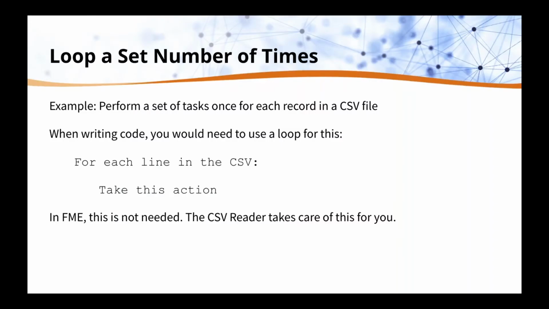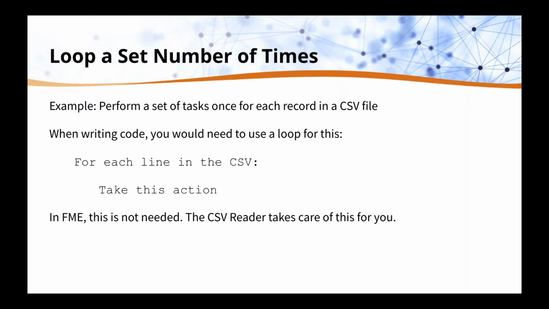One good example of this, I've seen this question come up a few times, especially when people are new to FME and coming at it from more of a programming mindset. I've had people ask if there's a way to loop through each of the lines inside a CSV file, and for example, create points from a lat long coordinate or do something with each of the records in there. They're looking for a way to add a loop in FME to make that happen.